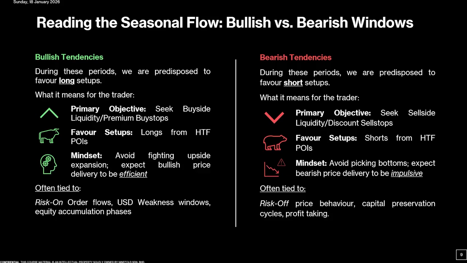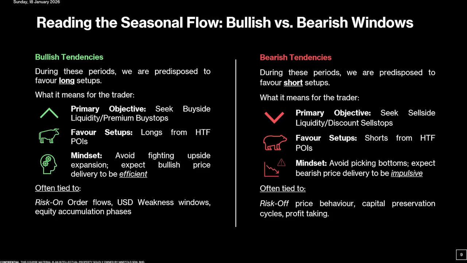What I mean by that is that during a period where we're expecting bullish price delivery, if we were to go long, knowing for a fact that seasonality is on our side, if we were to hold that trade, those are the periods in time where swing trading, for example, holding for a large range expansion to the upside, the probability of those sort of trades happening is much, much higher within a bullish seasonal tendency period.